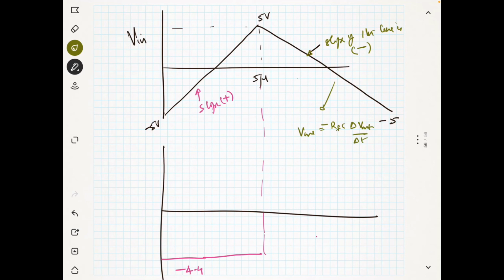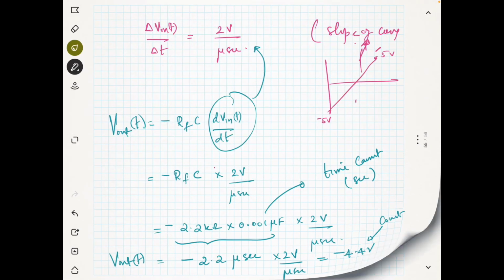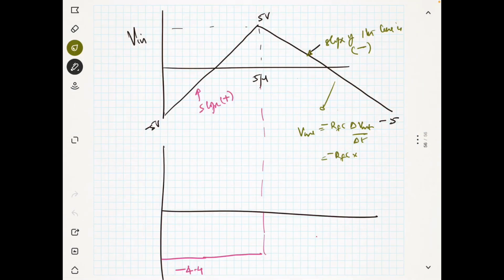Delta V in means the final point, minus 5, minus the initial point, 5, divided by 5 microseconds. So you will get minus Rf into C multiplied with minus 10 volt per 5 microsecond. So the answer you will get is 4.4 volt.